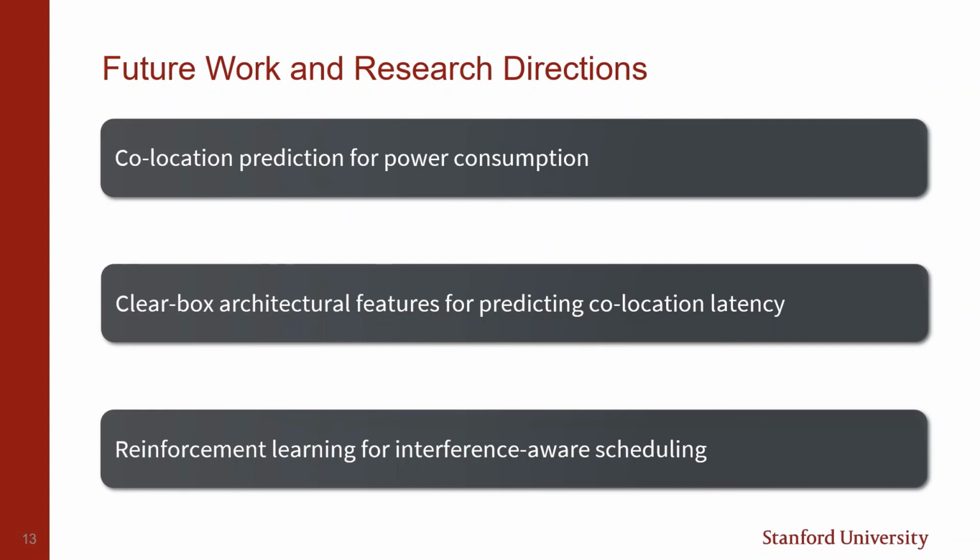Next, we can also look into using clear box architectural features for predicting collocation latency. In this study, the features that we used were hardware profile metrics such as memory usage and hardware utilization. Finally, another direction is using reinforcement learning for interference-aware scheduling.